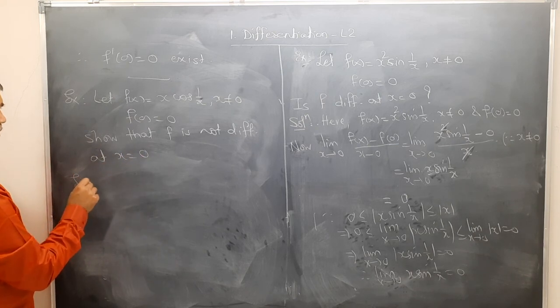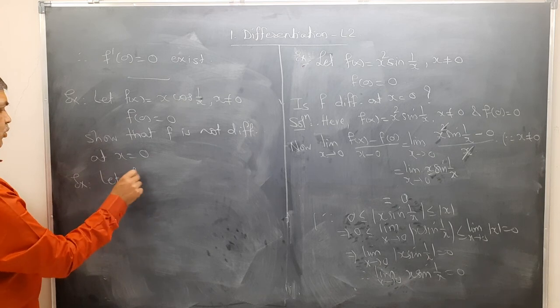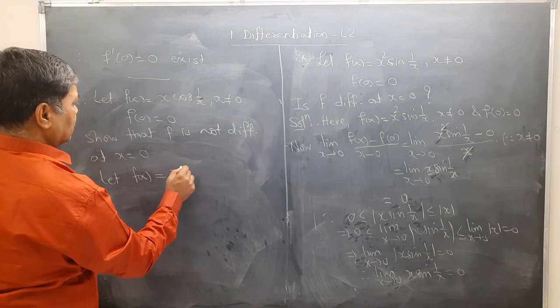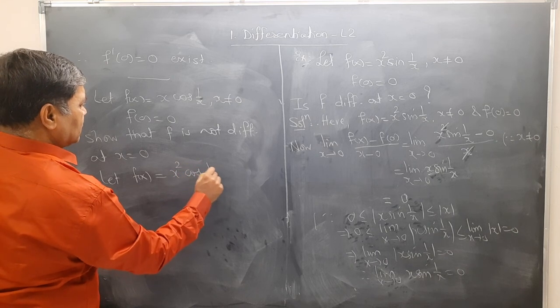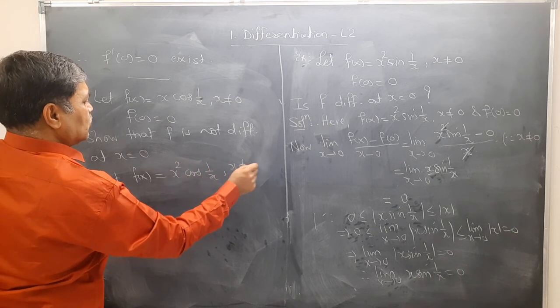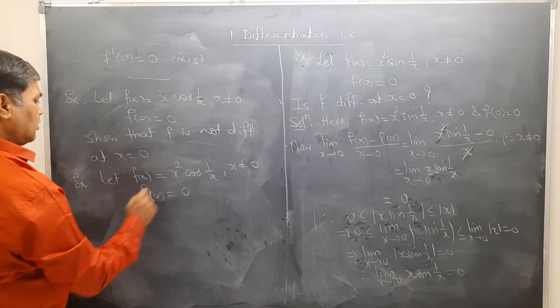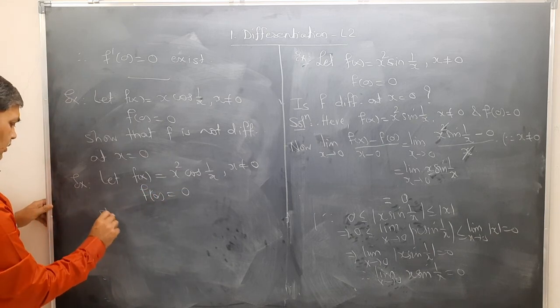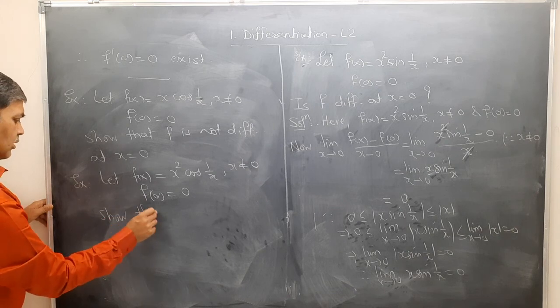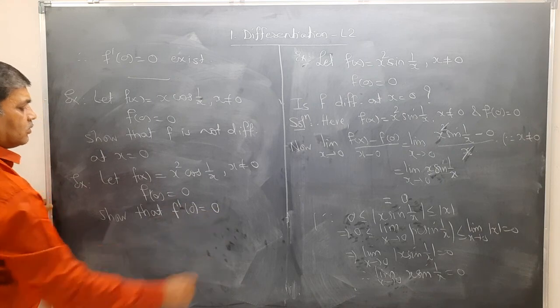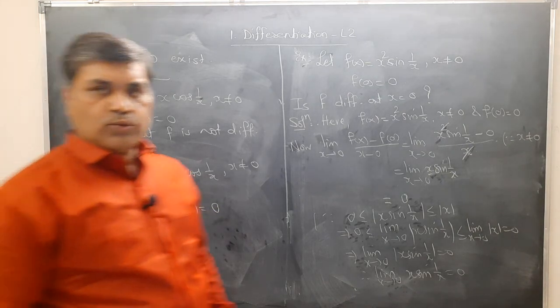Next example, let f(x) is equal to, say, x squared into cos(1/x), x not equal to 0, and f(0) is 0, so that f'(0) is equal to 0.